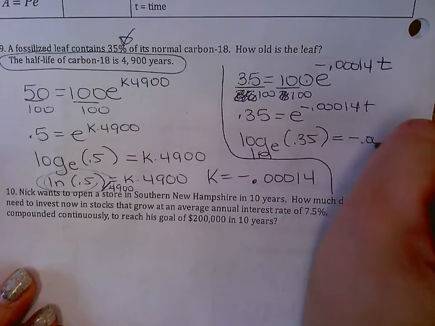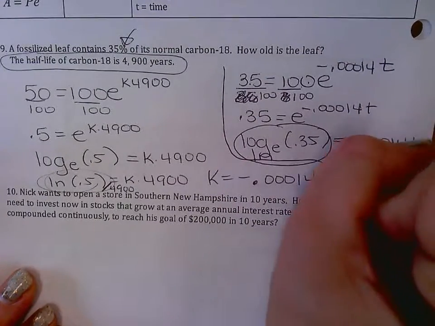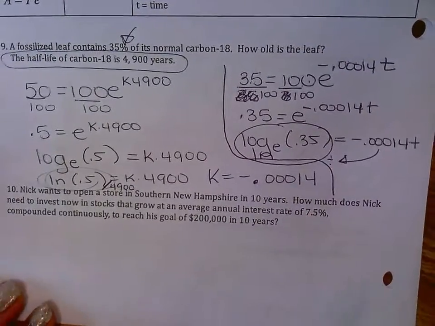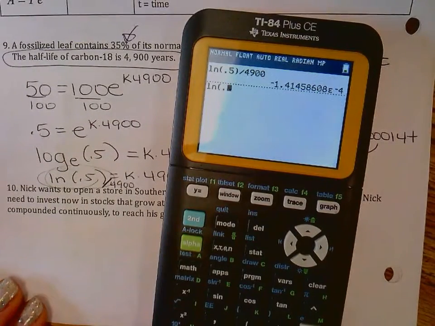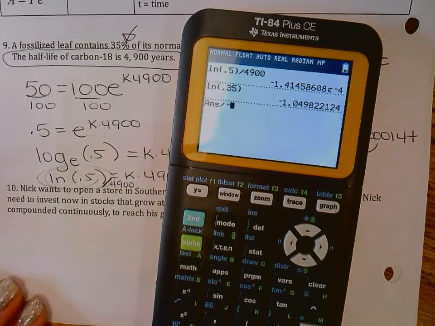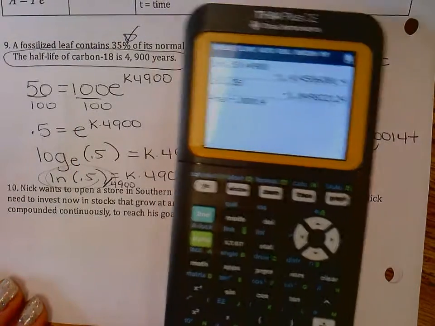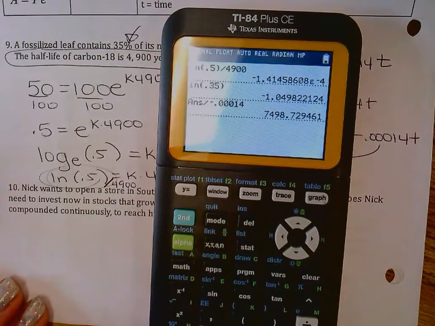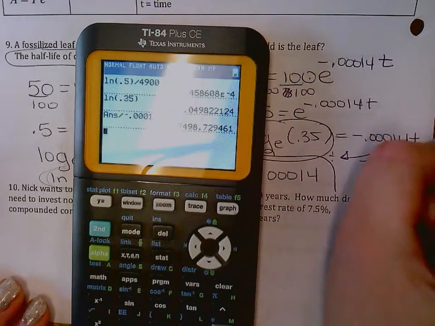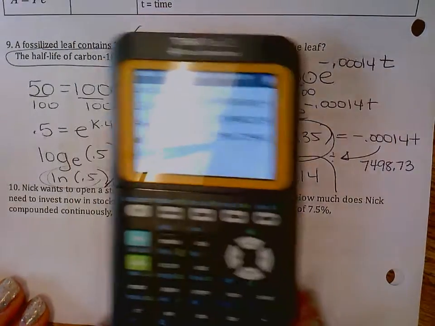And then I'm going to take the natural log of 0.35 and divide by that K value. So the natural log of 0.35, and then I'm going to show you the rounded answer and the unrounded answer. So this would be rounded, 7498.73 years old.